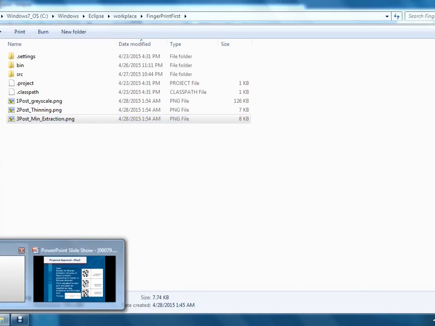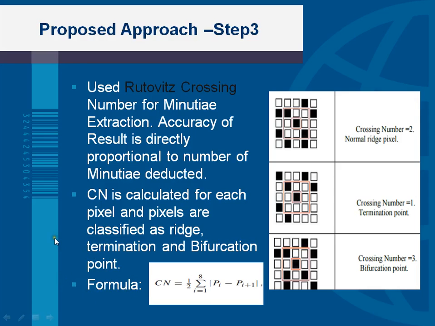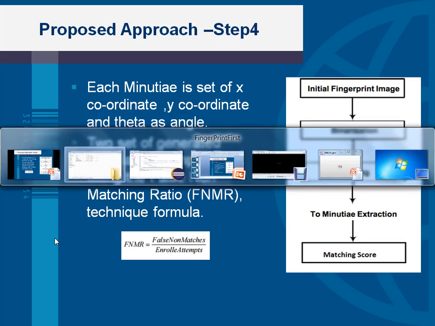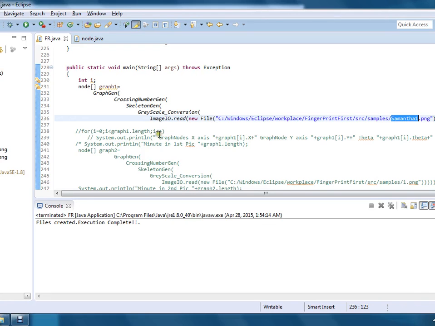Moving further back to the slide, the final step is step 4, generating the matching score, which is given by the false non-matching ratio, FNMR, formula. It's false non-matches divided by enroll attempts, which is calculated here in my code.